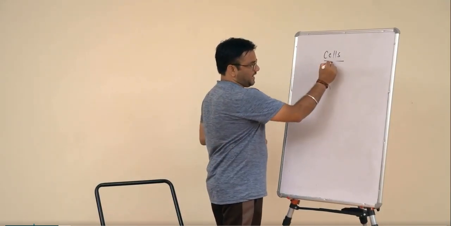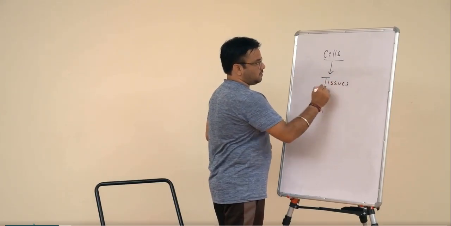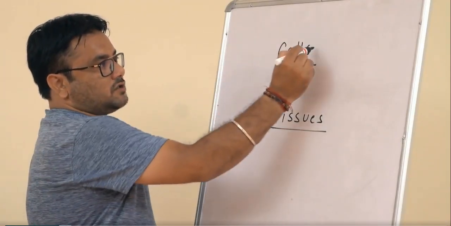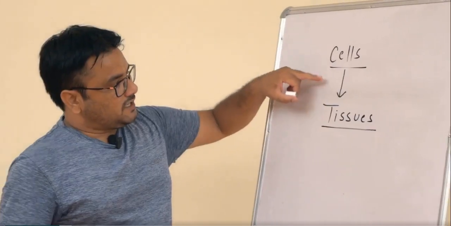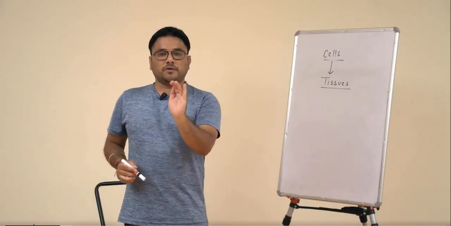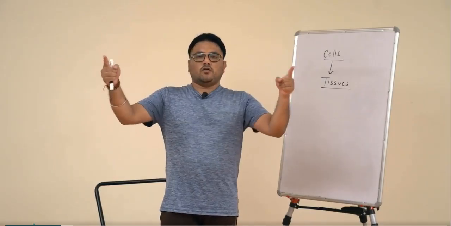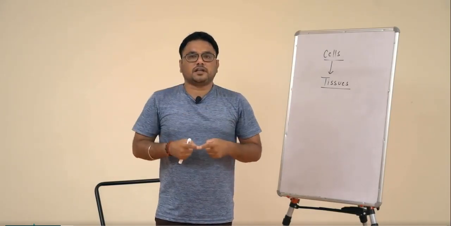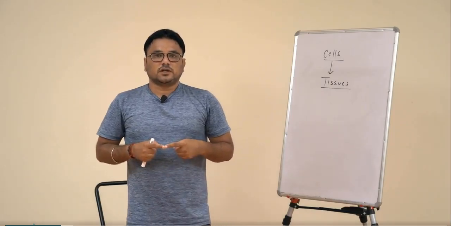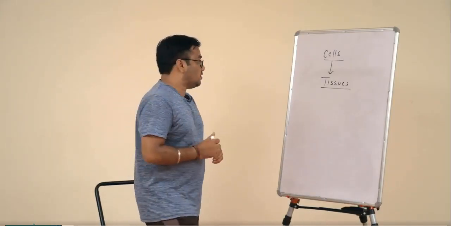So then the journey next comes to the tissues. One or more than one cell combines together, it forms tissues. Now we have so many different types of tissues in our body. So the next thing, when one or more than one tissue combines together, what does it form? It forms organs.